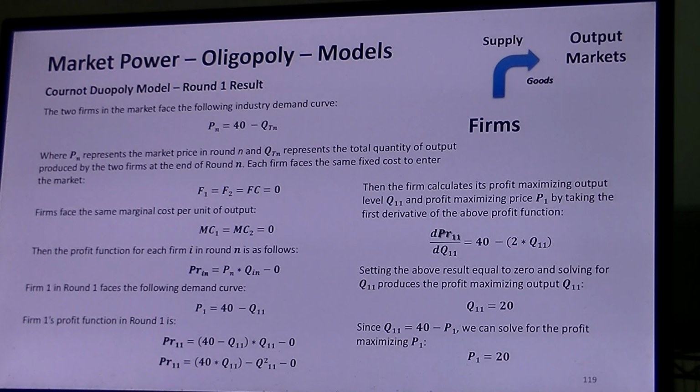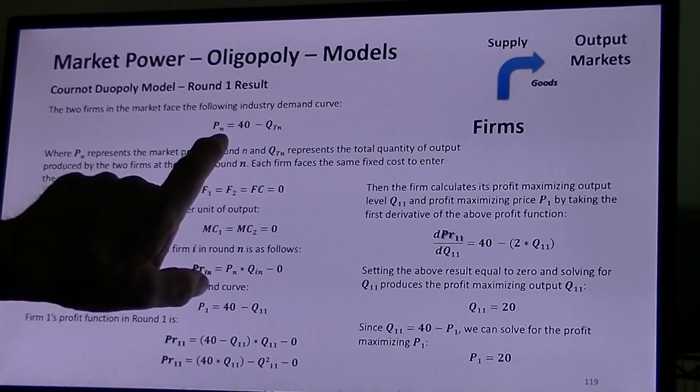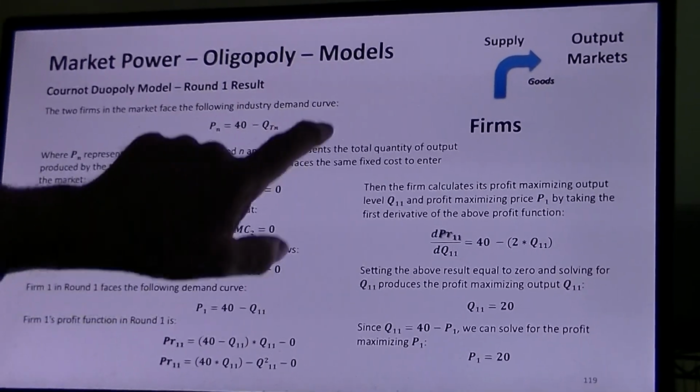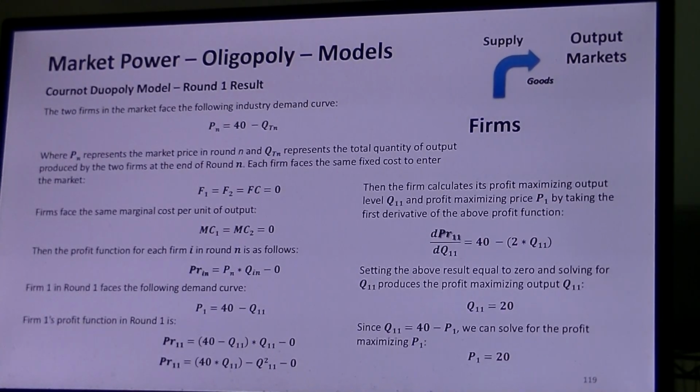So the two firms in the market face the following industry demand curve. The price for the first round, I realize, should be P1 equals 40 minus the quantity for firm 1 in round 1.